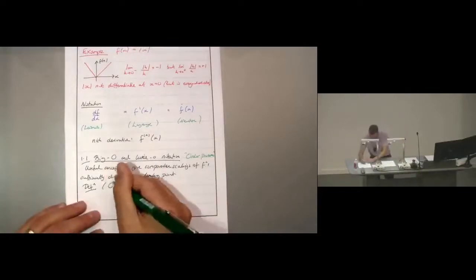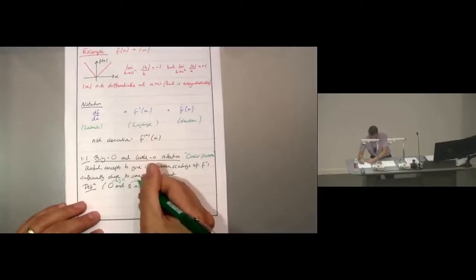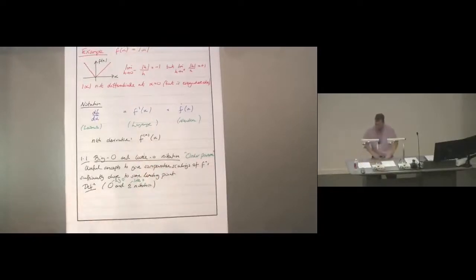So this is big O, and this is little o. In typeset work, little o is generally not underlined. I will generally underline it here just to distinguish it, in case it's not obvious which is my big O or my little o. Okay, so let's first of all define little o.